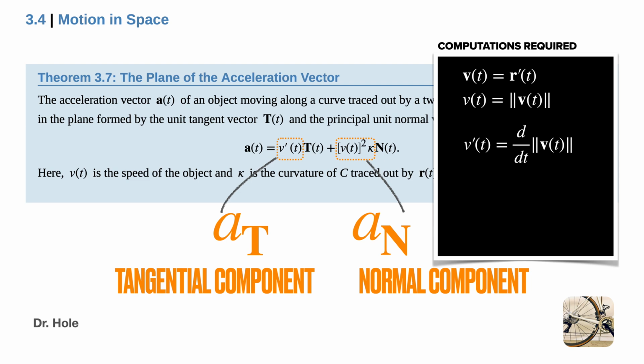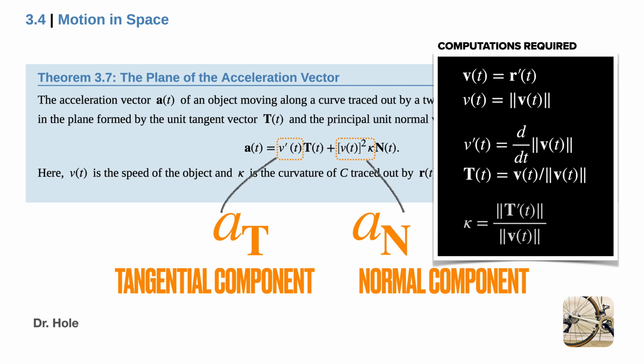And here you note d by dt of a magnitude. Well, magnitude is a square root of a sum. That's rather involved, taking the derivative. That's chain rule for sure. And we would also need the unit tangent vector. Why?